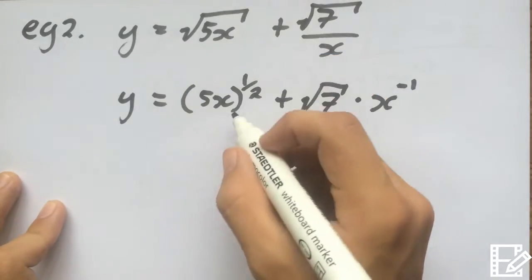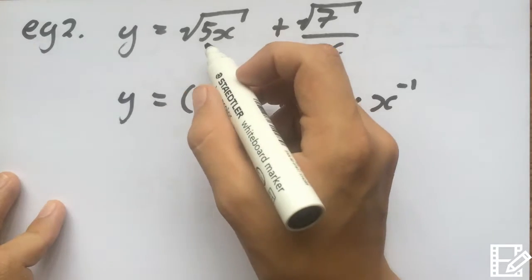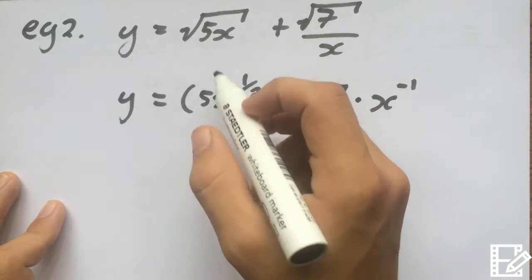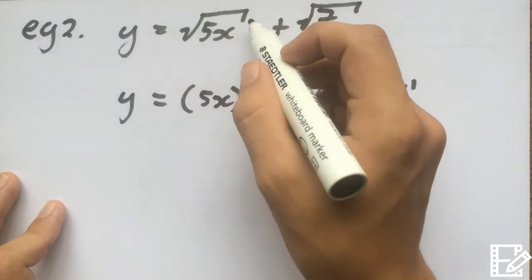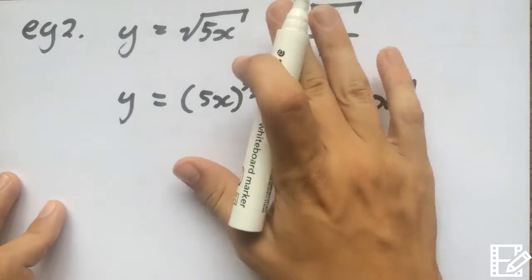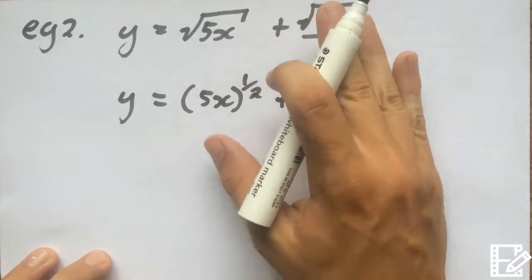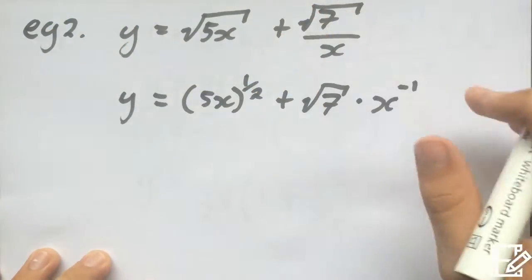Okay, so this is the exact same as that up top. What I've done is, because 5x is square rooted, when you have a square root, you're just putting it to the power of a half. Because those two there are the exact same. To the power of a half is to square root.